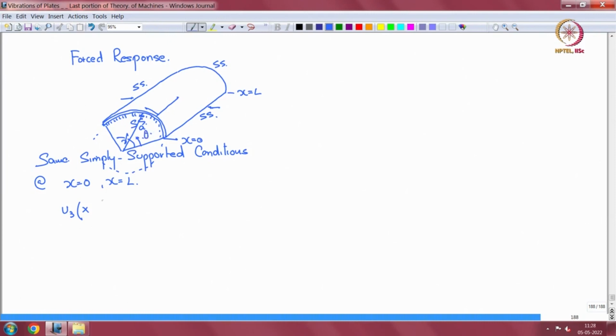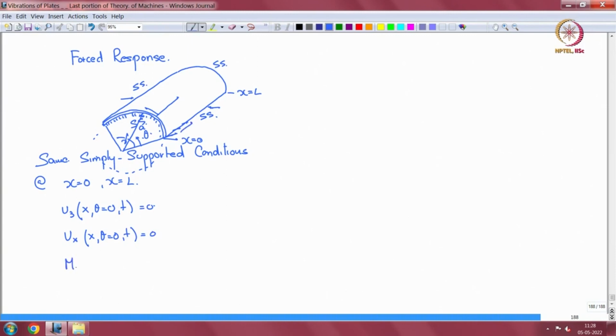So, U3 at x comma theta equal to 0 comma t is 0. It is radially supported. Then Ux at x comma theta equal to 0 comma t is also 0. That means this displacement is arrested at the edge.